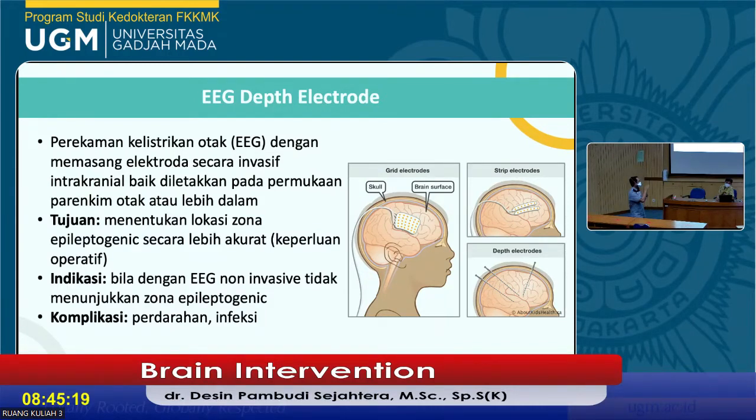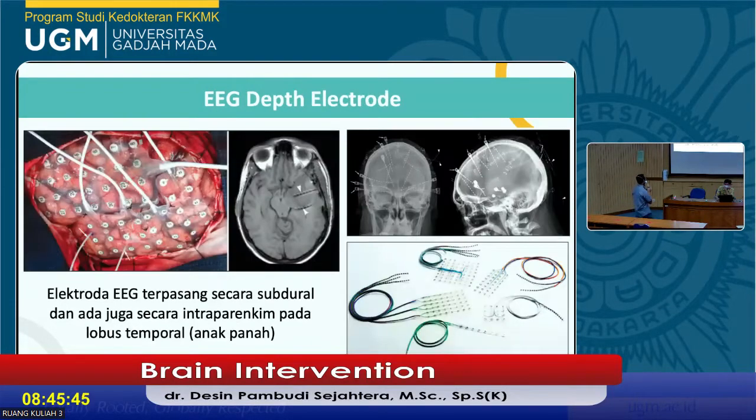It is either a subdural electrode, like a sheet placed on the subdural space, or a depth electrode, a wire put through a borehole made by the surgeon, with a long wire placed along a direct path to suggest whether it is the epileptogenic zone or not. This one is subdural EEG, and the right side is deep electrode EEG. Next.